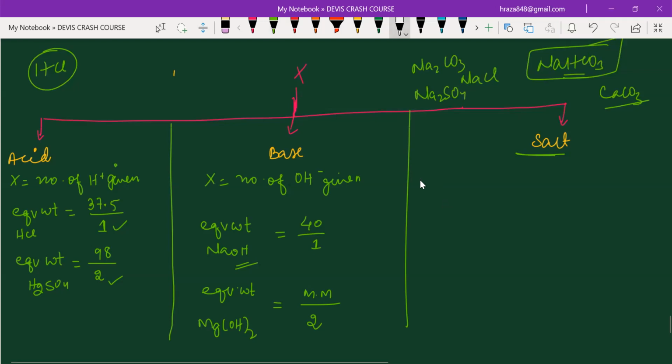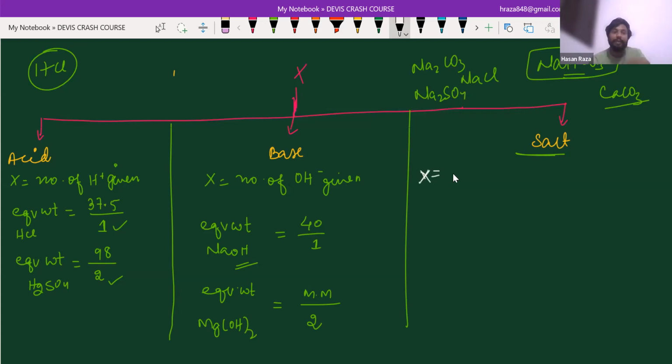Now, in order to calculate the value of x in a salt, x will be either the total positive charge or the total negative charge.